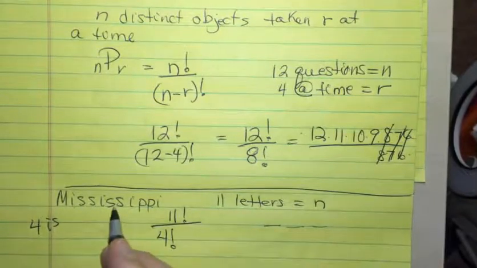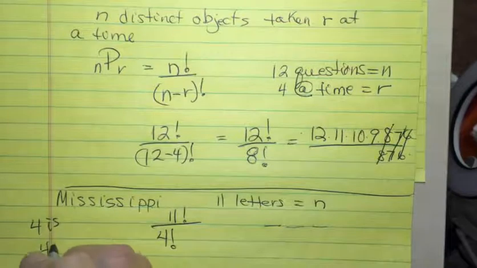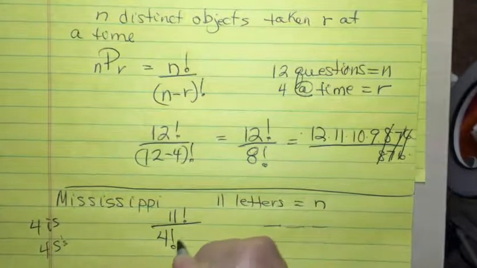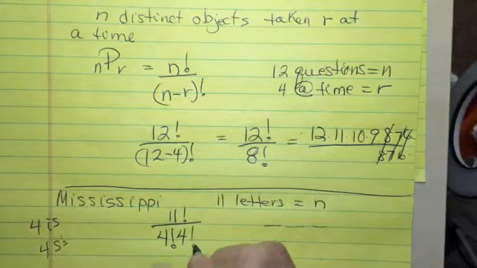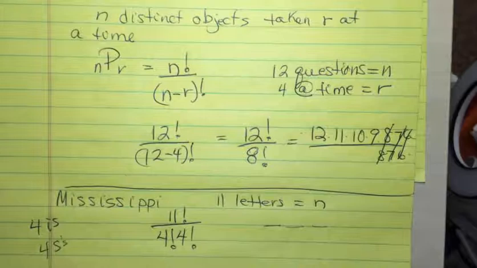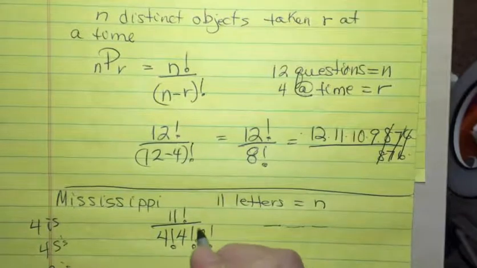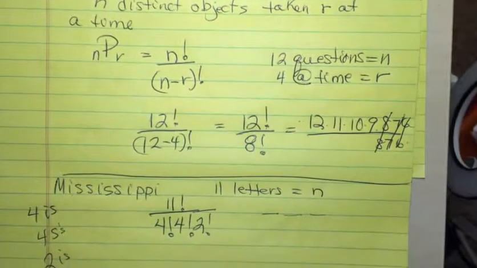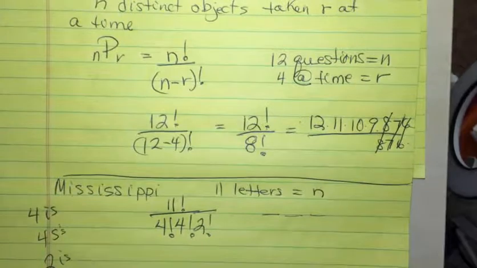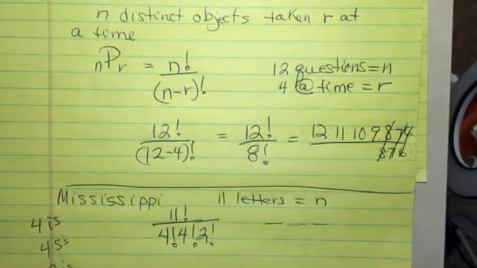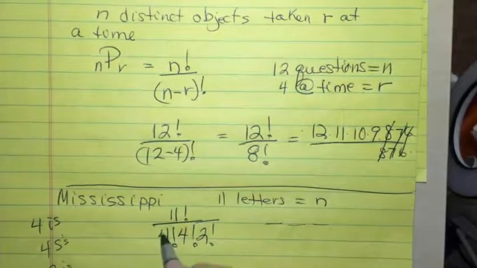I have 1, 2, 3, 4 S's. So I need to divide by another 4 factorial, because I'm just moving those S's around and it's not really changing the word. And I have 2 P's, so I need to divide by 2 factorial for those. So when I look at this, I can kind of think about it like this.